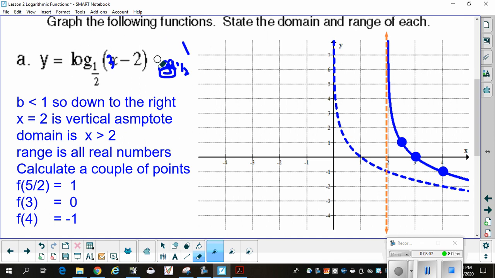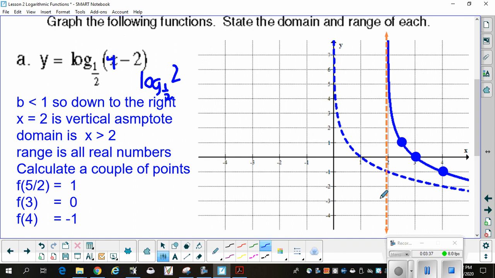And then the last one, if I plug in 4 right here, that's going to make it 2. So I'm going to have log base 1/2 of 2. What exponent do I put on 1/2 to get 2? Negative 1.